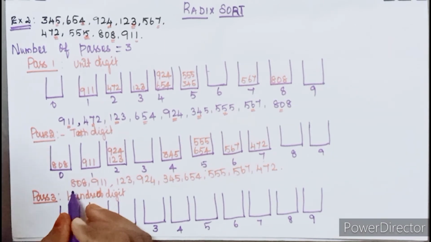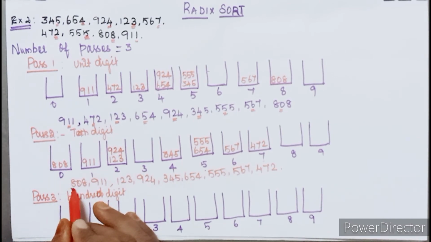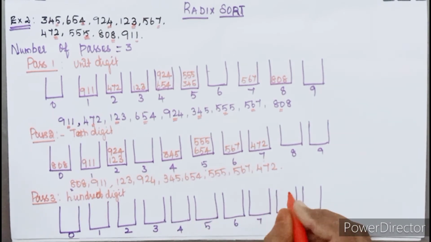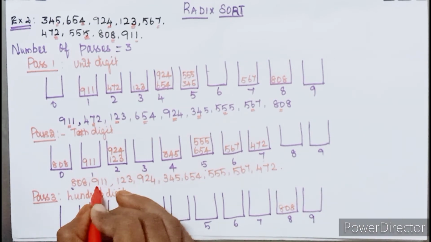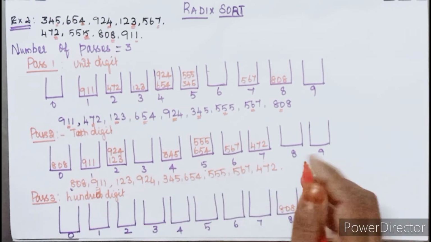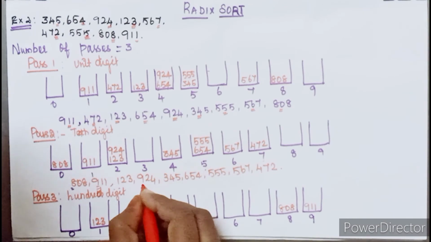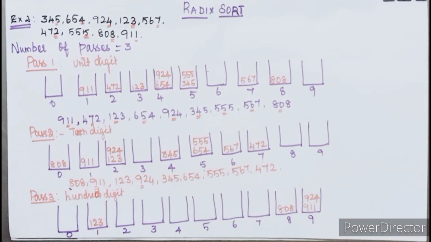So the first place is the hundreds place. The first number has 8 in the hundreds position, so we move to bucket 8. The first number is placed. The next number's hundreds position is 9, so it should be placed in the last bucket. The next number's hundreds position is 1, so it goes in bucket 1. The next number's hundreds place is 9 again, so it goes to the last bucket.